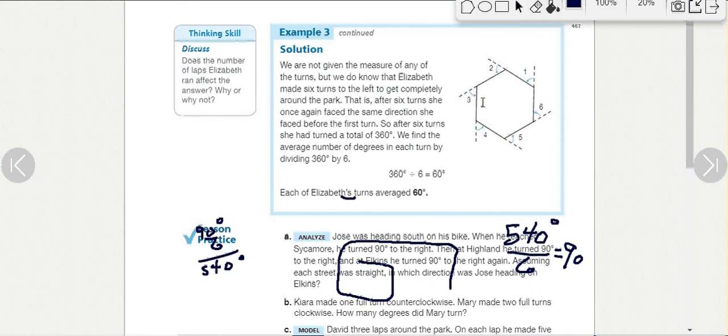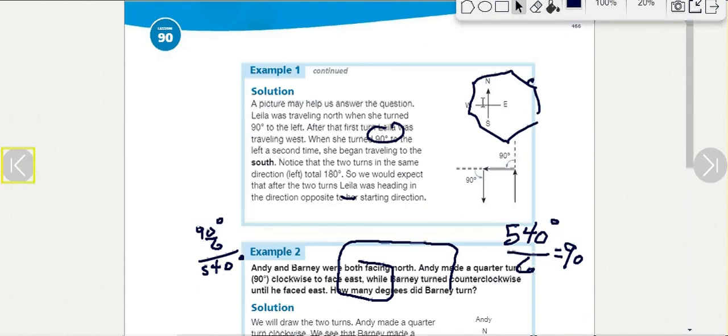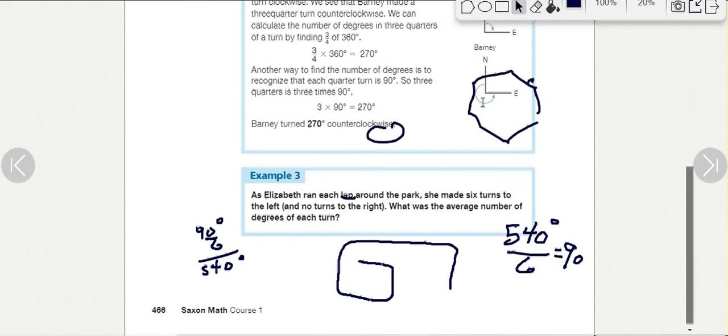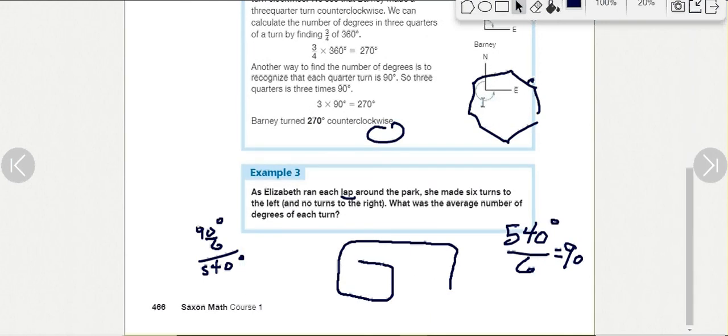So we don't know what the measure of the turns are, but they're saying she makes it all the way around, whatever, fine. Looks like a hexagon. And if that's the case, she's only making it 360 degrees. To me, they should have written this as she makes one lap around the park. That's not what it said, though. It said she ran each lap around the park, made 6 turns. Okay, so as she ran a lap, she makes 6 turns.